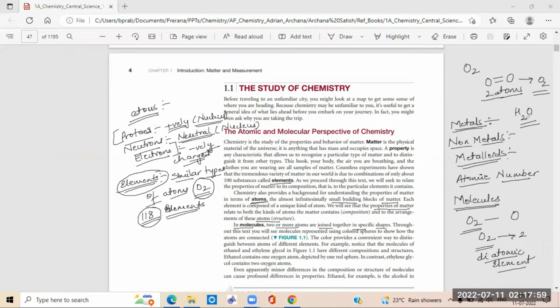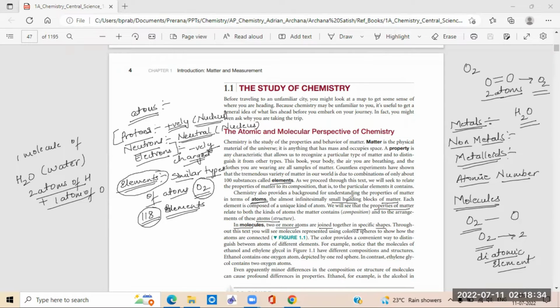When we consider 1 molecule of water, which is H2O, it has 2 atoms of hydrogen plus 1 atom of oxygen bonded together, and this forms 1 molecule of water. So when we talk about molecules, it is 2 or more atoms, which may be of different kinds, joined together in specific shapes, that gives us a molecule of a compound.